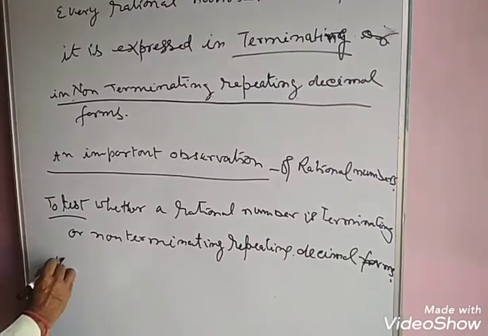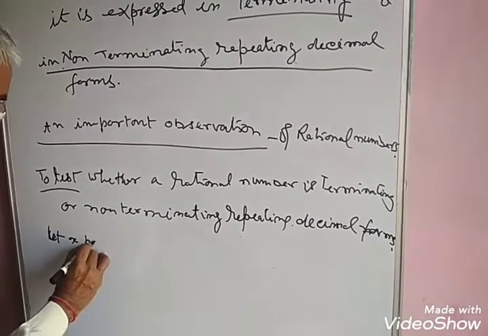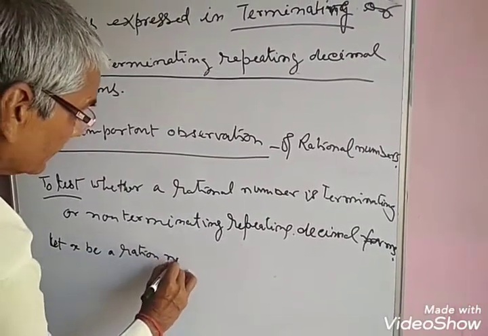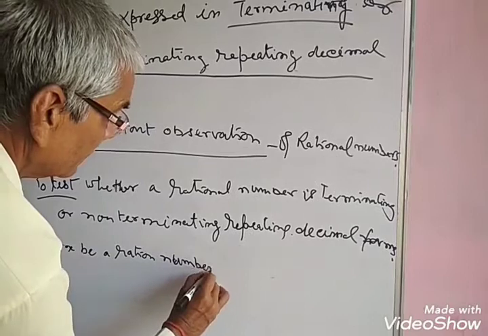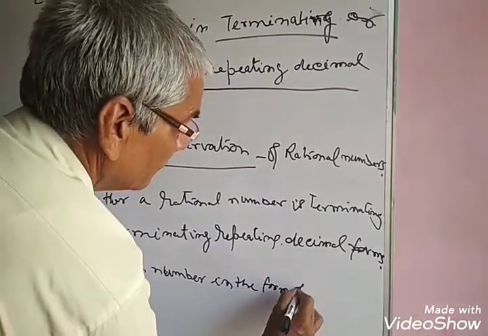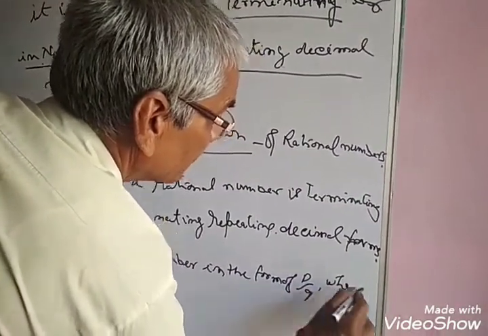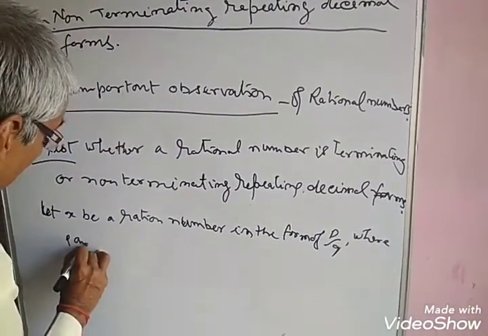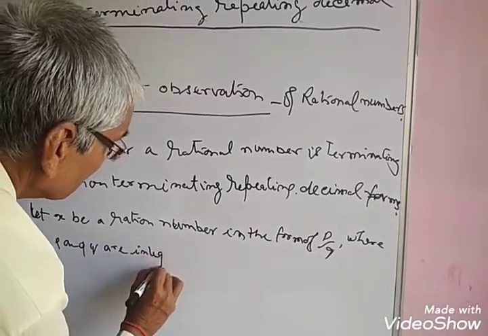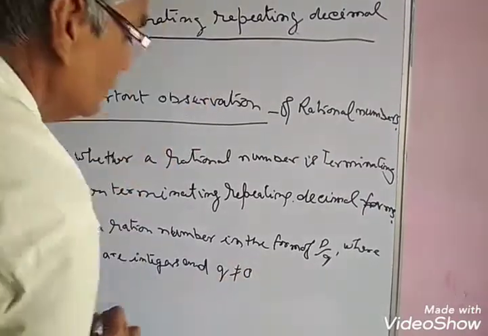Let x be a rational number in the form of p by q, where p and q are integers and q is not equal to 0.